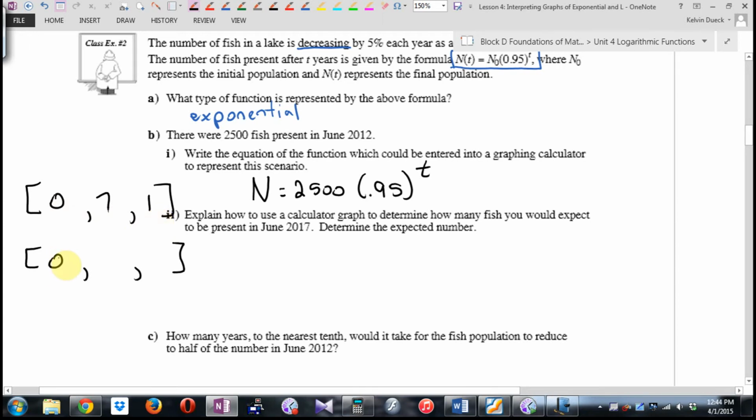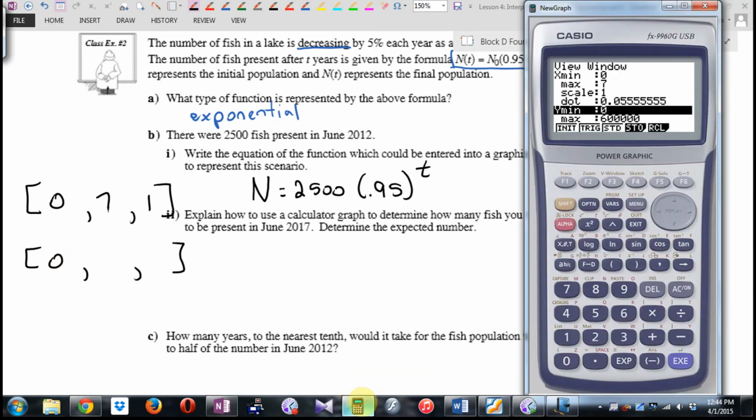Y min, I always start with 0. How big are we going to get? What's my starting population? 2,500. Are we increasing or decreasing? Since we're decreasing, the highest this is going to get is 2,500. The only problem with going up to 2,500, that's going to be right at the top of the screen.